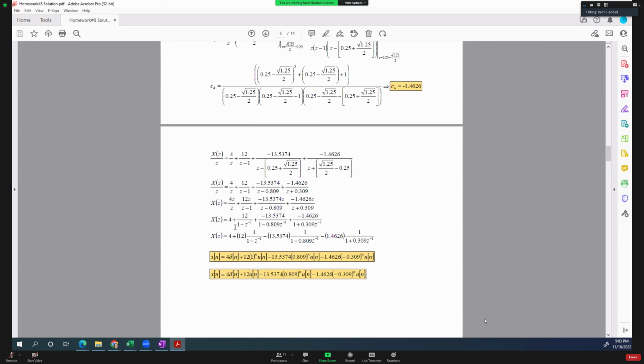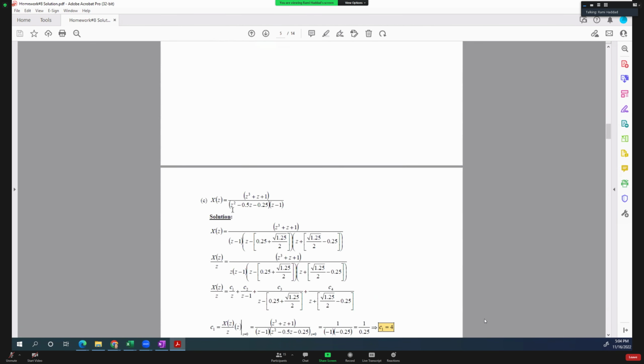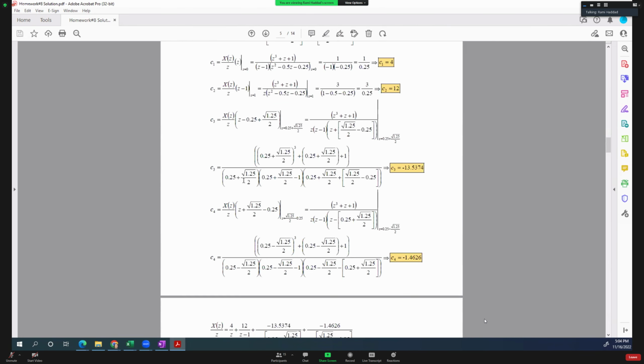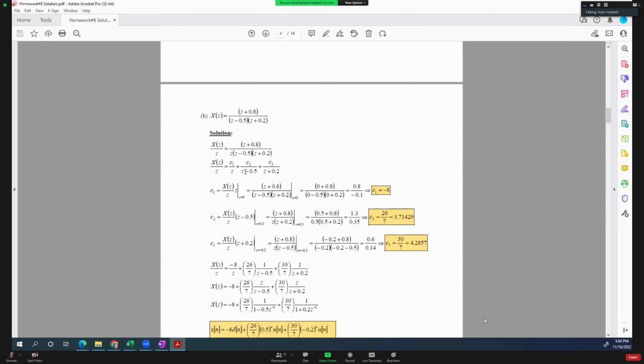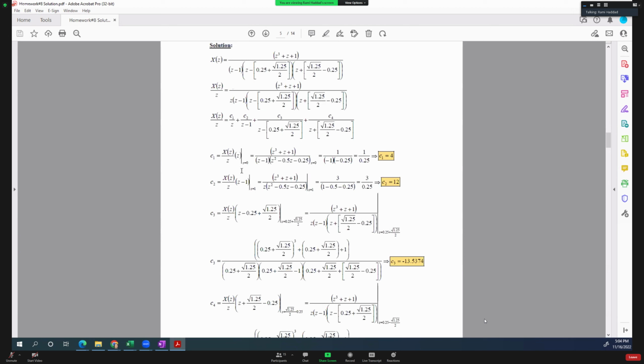And if you notice, you have a component that is a constant with an impulse that would appear in the inverse just due to the fact that these two had this kind of form.